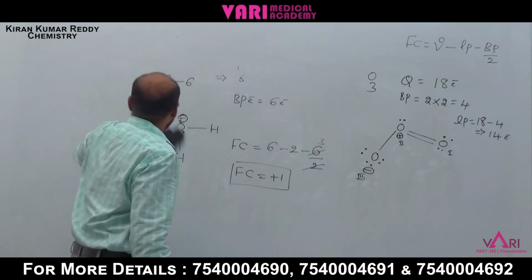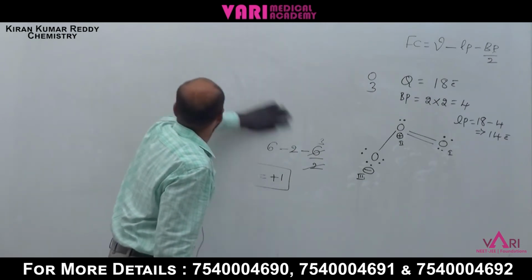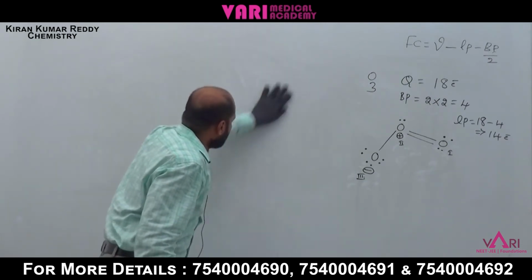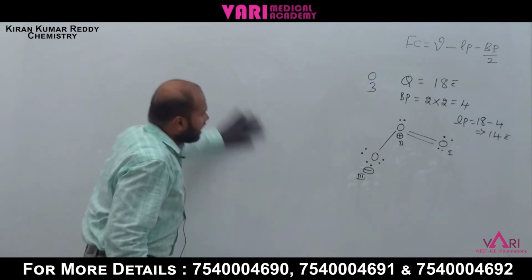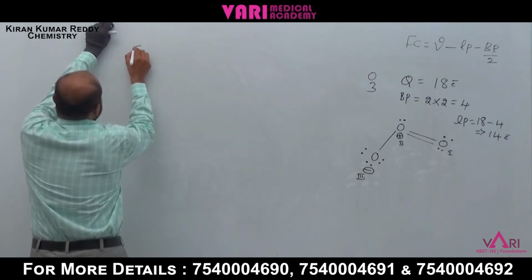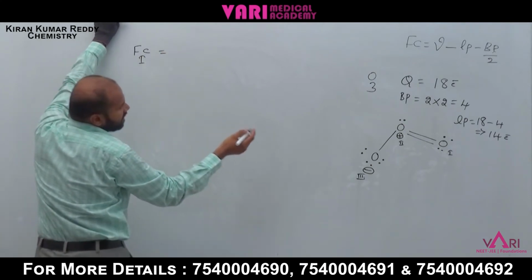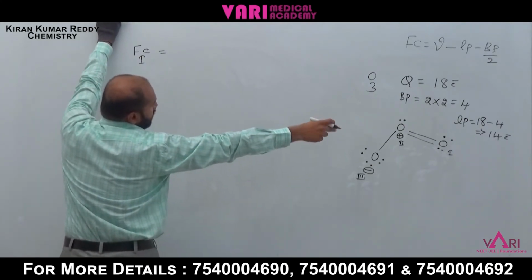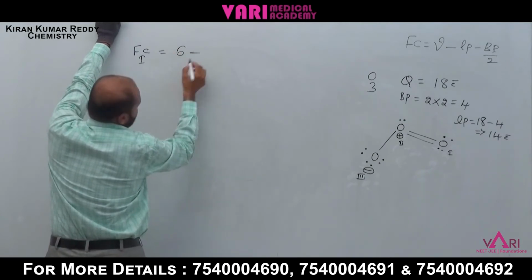O3 molecule. What is the equation, students? The formal charge of an atom can be found using valence electrons. Now I am taking the first oxygen atom. Formal charge of the first atom: oxygen, what is the valency electron? 6 minus.